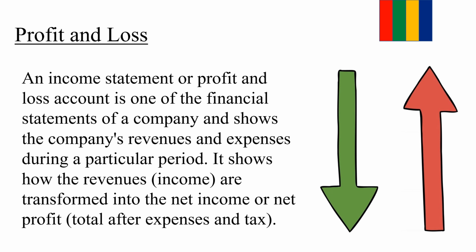So the profit and loss statement is looking at the profits and the losses of a company and taking them from each other to calculate the total net profit and net income for a company, usually over a quarter, so 3 months, which is when companies will usually do their financial records.